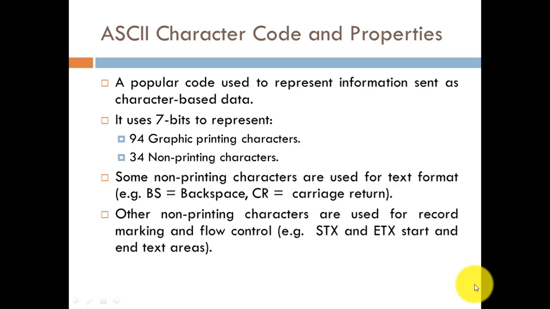For example, BS stands for backspace, CR stands for carriage return. Obviously these characters are not printable. Other non-printing characters are used for record marking and flow control. For example, STX, which represents start of text, and ETX, which represents end of text.